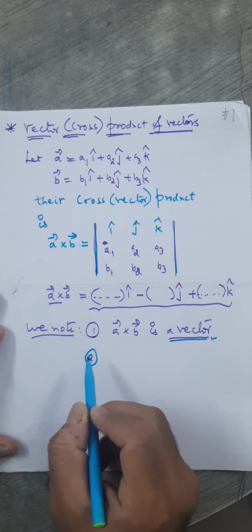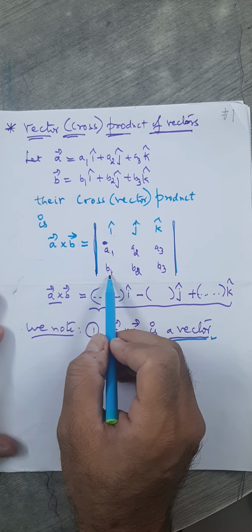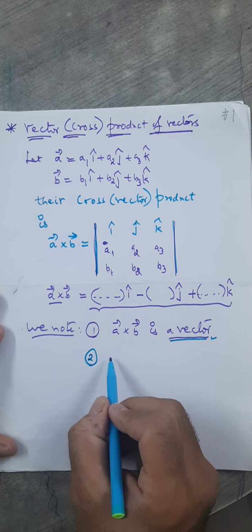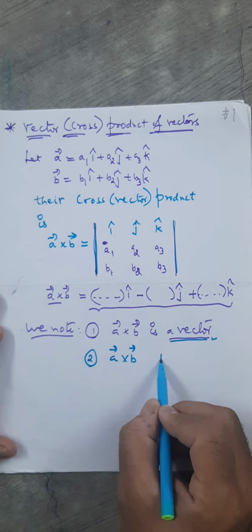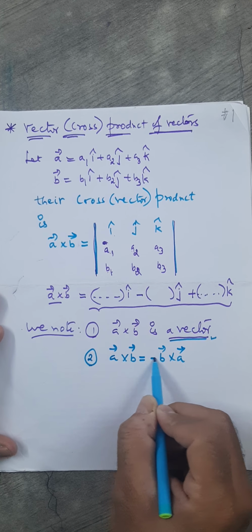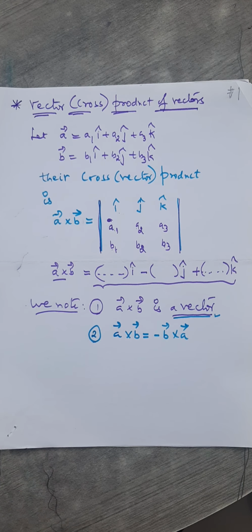Second thing, if I write B cross A here, then these two rows will get interchanged. So the value of the determinant would be opposite. So obviously, if you find A cross B and if you find B cross A, they will differ by a minus sign. So we have minus here. If you remember, in dot product both were equal.